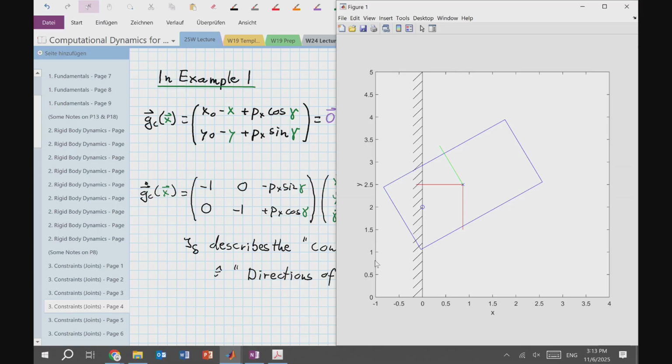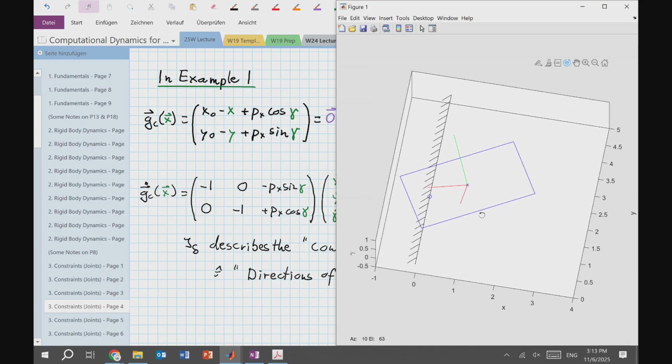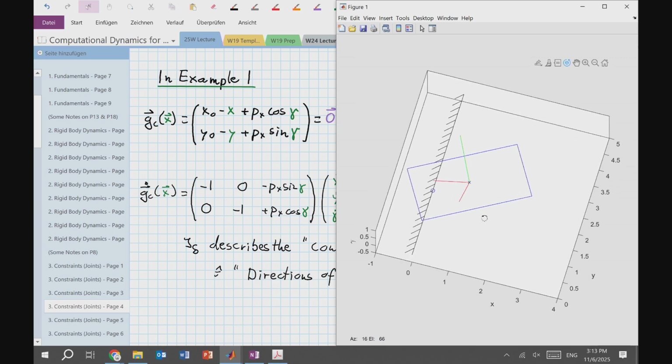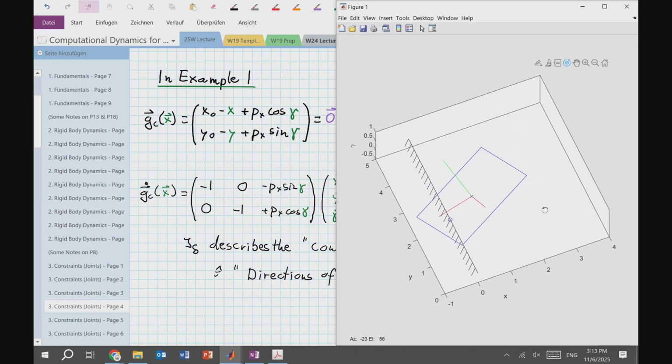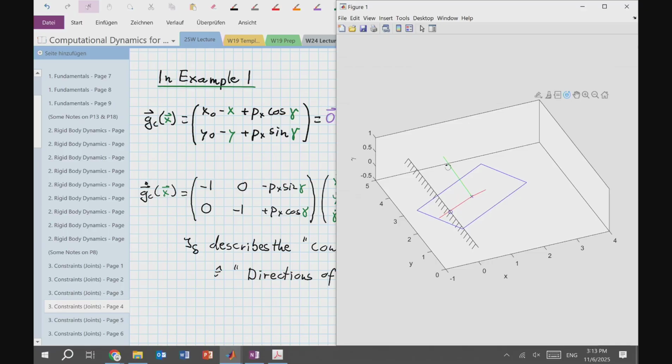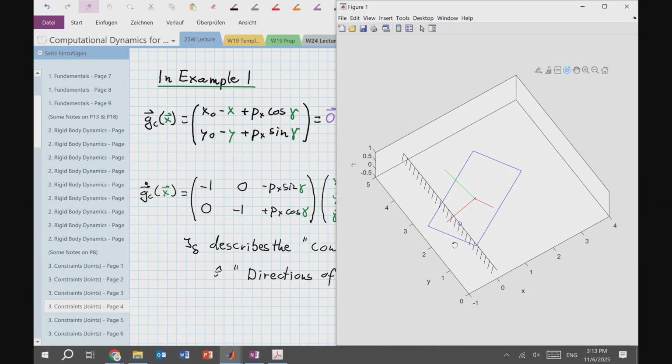This looks different, right? But two things. First of all, this is 3D because this includes rotations. And if I look at this from 3D and also take into account the rotations, we indeed see that the directions in which we can move are orthogonal to the directions in which we cannot move, right? So those two arrows, they generate a plane that sits somewhere in here.